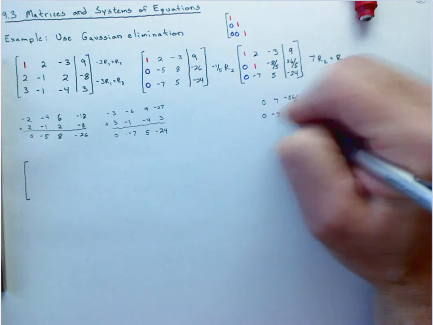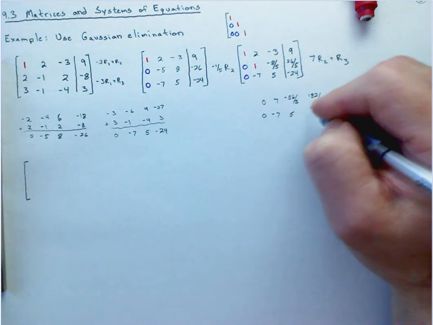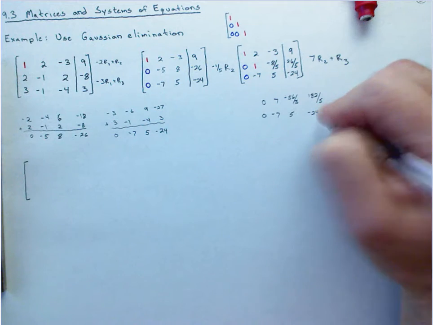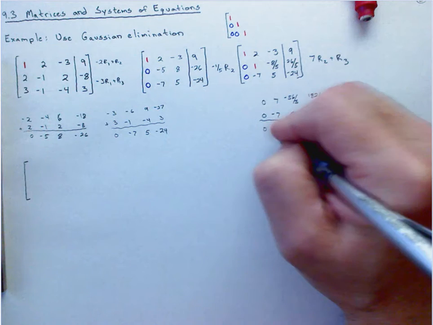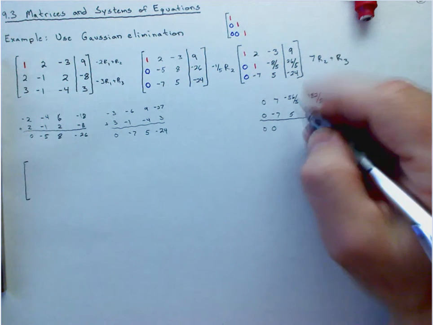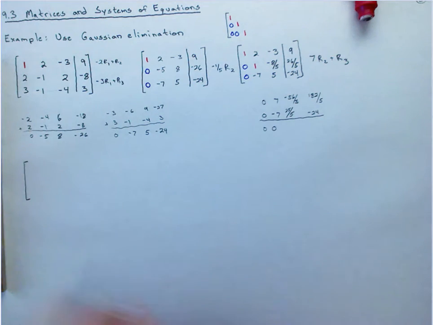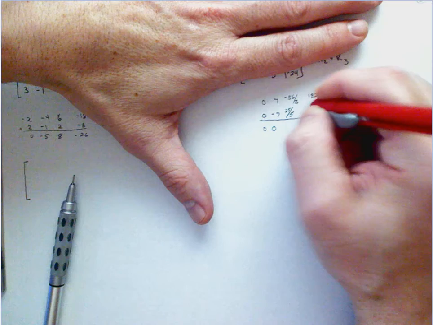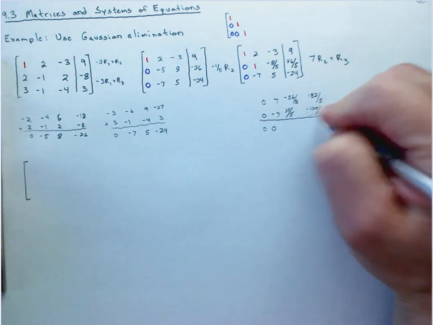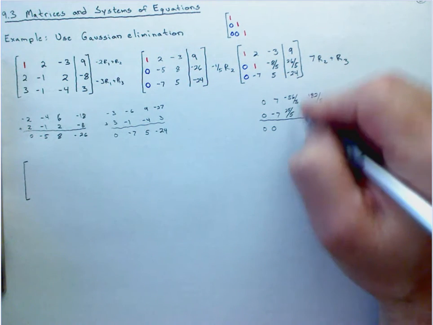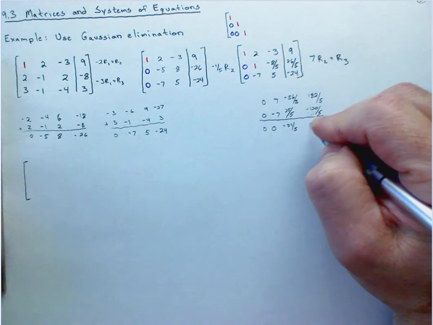And row 3 is 0, negative 7, 5, negative 24. So 5 becomes 25 fifths, and negative 24 times 5 becomes negative 120 fifths. So negative 31 fifths and 62 fifths.